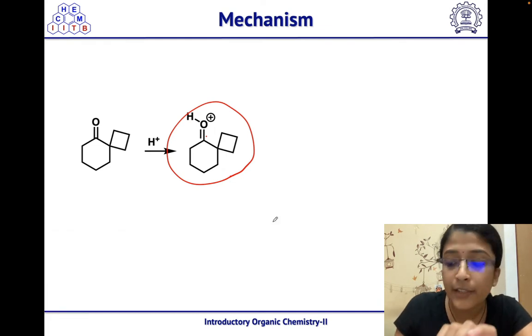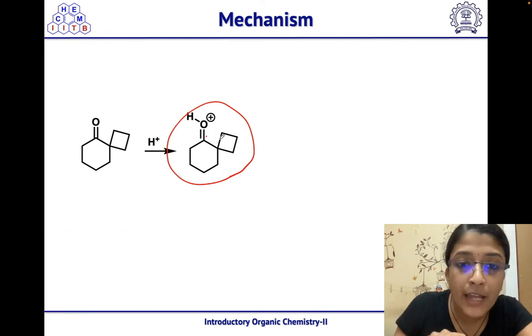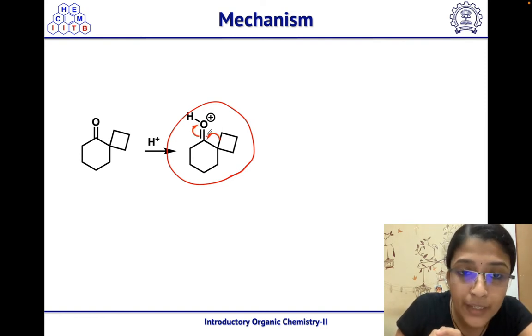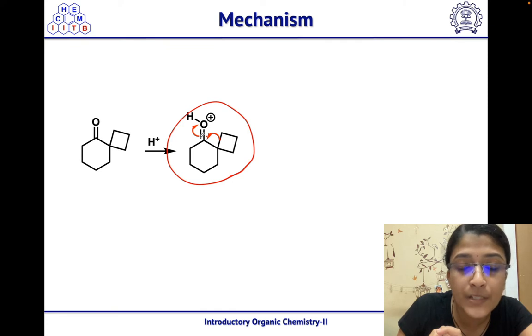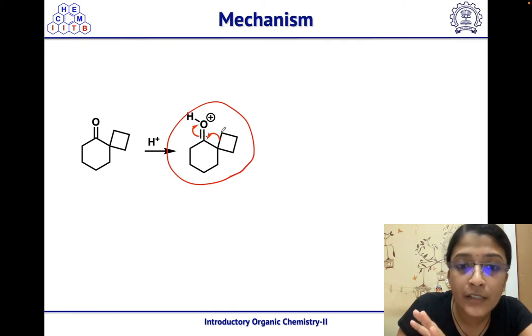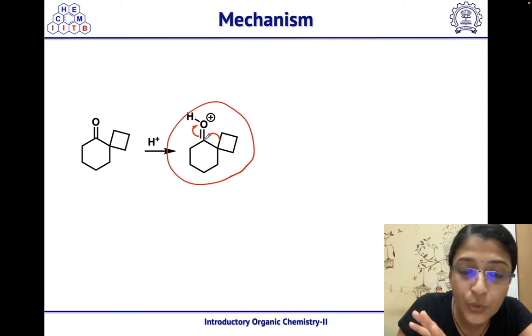Now the cyclobutane ring will open, and this group will migrate towards this position, and it will neutralize the positive charge on this oxygen by breaking of this carbon-oxygen double bond. Now this carbon is migrating towards this position, and because of breaking of this bond, a positive charge will be generated on this carbon.